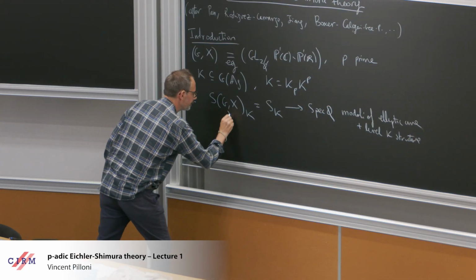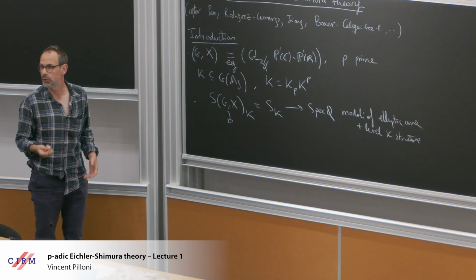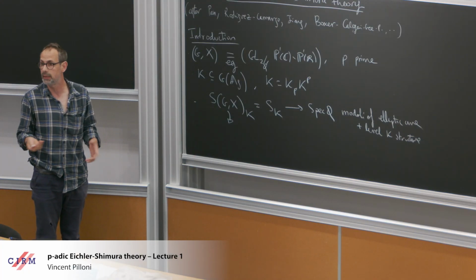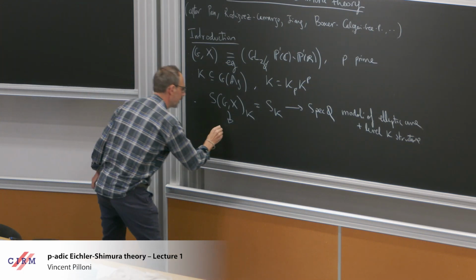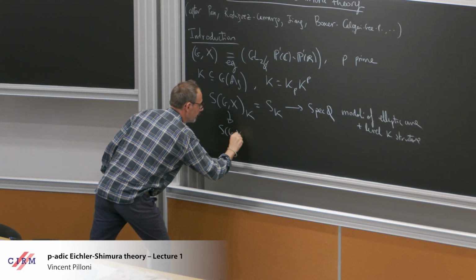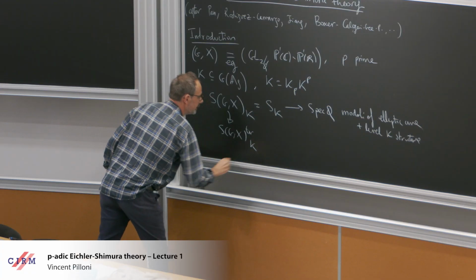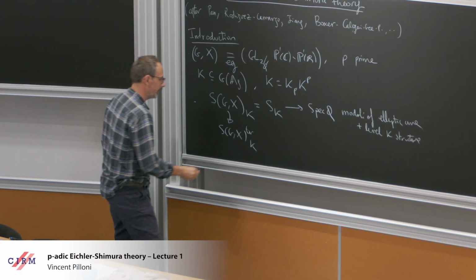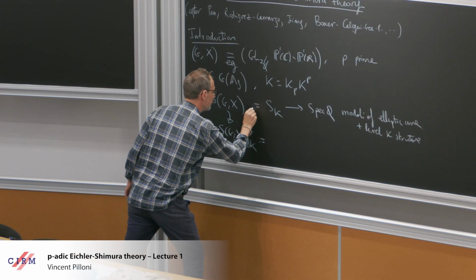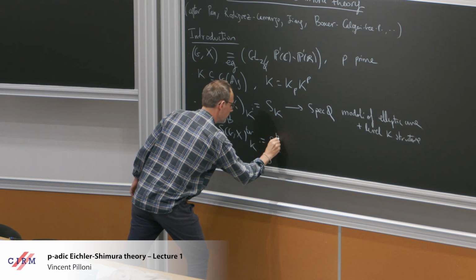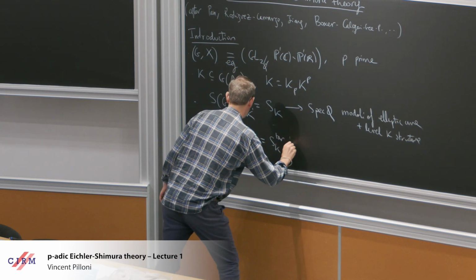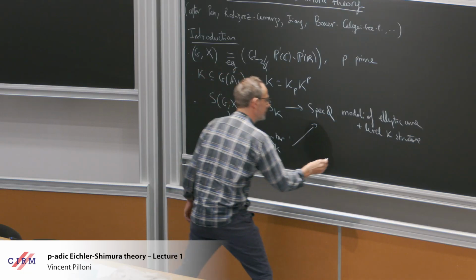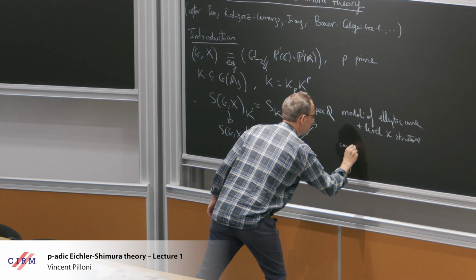Then this has a toroidal compactification, which in this case is nothing else than the canonical compactification of a smooth curve. This is S_{G,X,K}^tor, which I will also abbreviate to S_K^tor. This still lives over Spec Q, and this is the compactification.